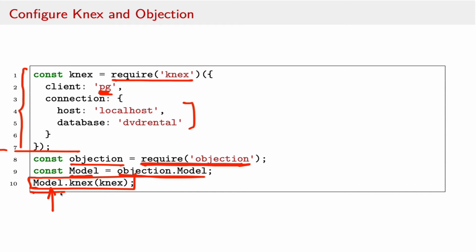So it defines a method called Knex, which is designed to configure objection to use Knex specifically for that purpose. And in order to configure it, we need to pass it this Knex object that we've created up above. So this Knex object is the same one that we've been using in our Knex examples when we said stuff like Knex.select from blah. And we're basically just giving the objection model class access to that so that it can use it to do queries under the hood.